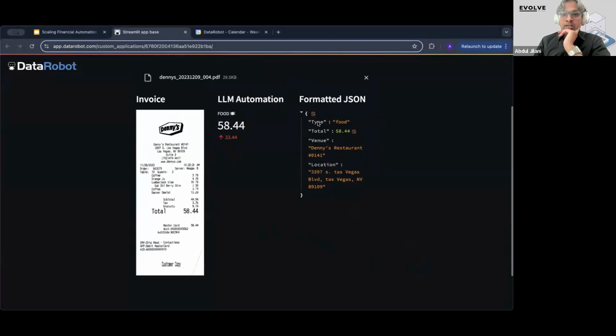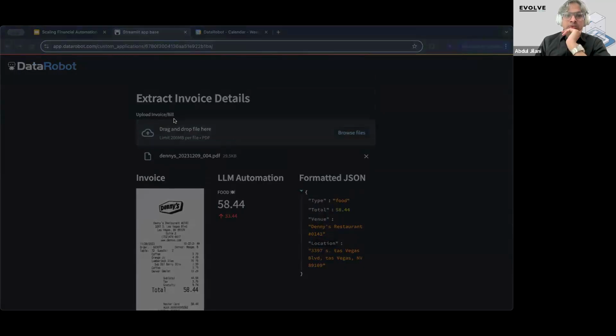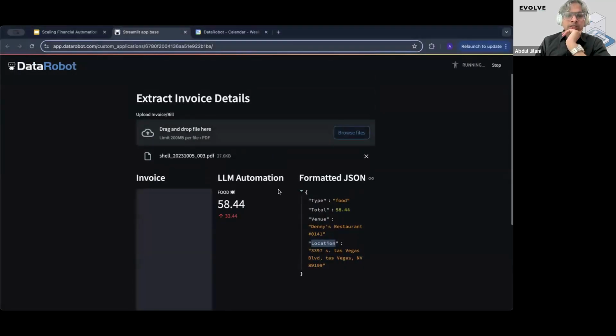So the output, as you can see, is converted from unstructured to a structured format where we have which particular organization this bill belongs to and what was the location, so that we can use it for our lookups and other stuff. Just a quick example, if we just change it to another bill.